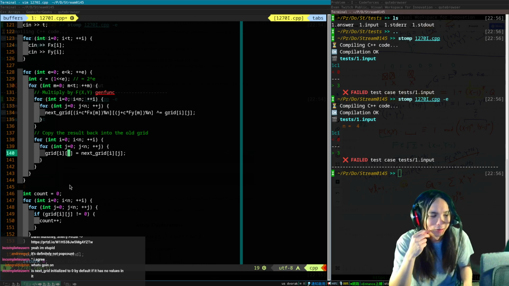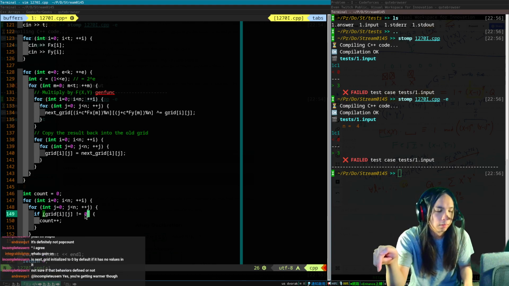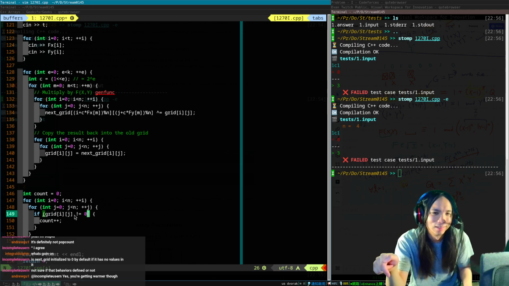It's not pop count, yeah. No, actually, I feel like non-zero is correct. This is counting the number of places where I need to apply. Okay, wait, actually, no. No, yeah, I feel like this actually is not. It is count plus plus, right?